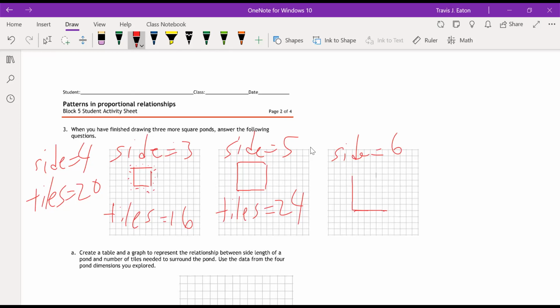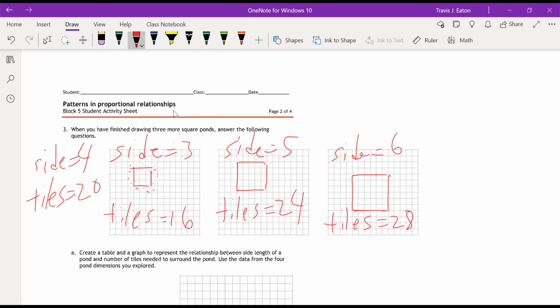There we go. There's 6. The length of each side is 6. How many tiles will that take? I'm going to say 28. Yes, it'll take 28 tiles to go around that. Because remember, you've got the sides and the corners and everything, right?